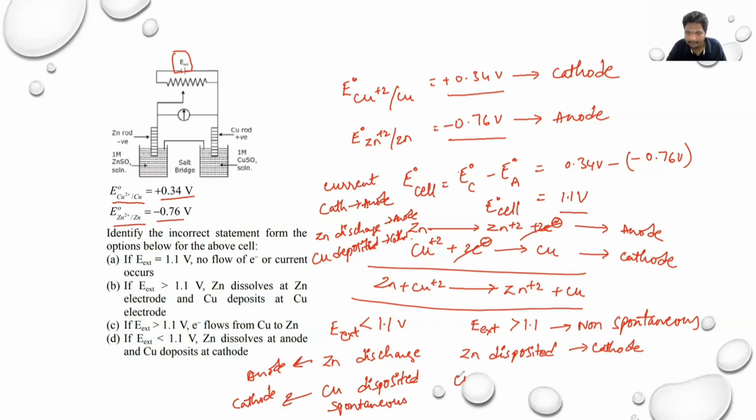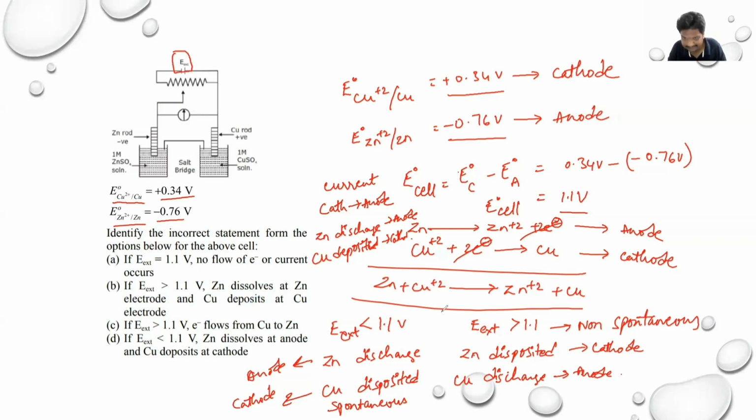Okay, so copper will discharge. It will act as an anode. So it is the opposite reaction. There is a reverse reaction when the potential of the external circuit is greater than 1.1 volt.